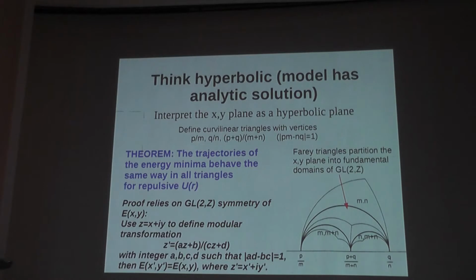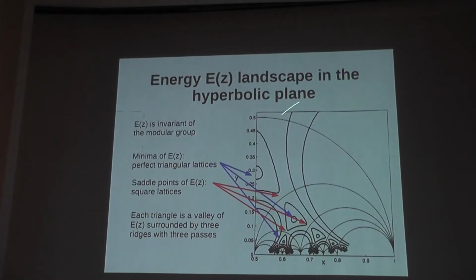So as a result, if you plot energy contours on this plane, you will see that they all look the same in each of these triangles, and so you can use this fact. I mean, you first prove it, and you can use it in the same way as we use periodicity in studying crystals, because a periodic function repeats itself throughout the space.